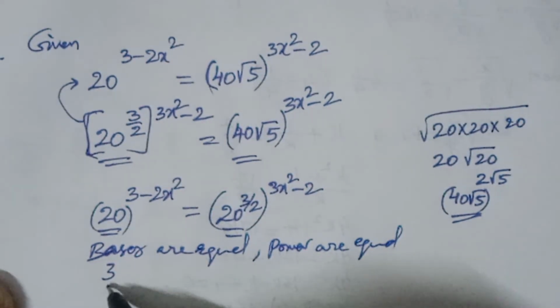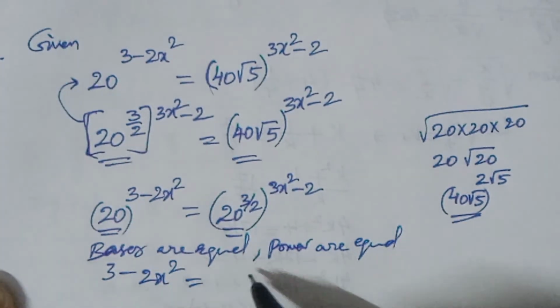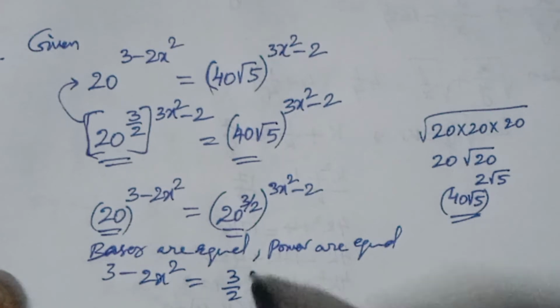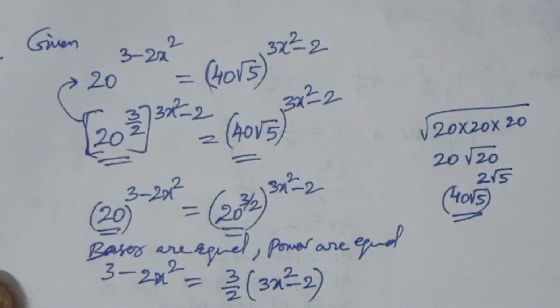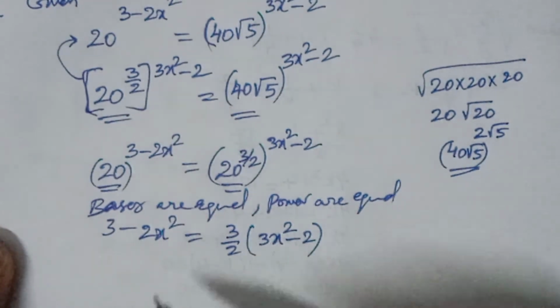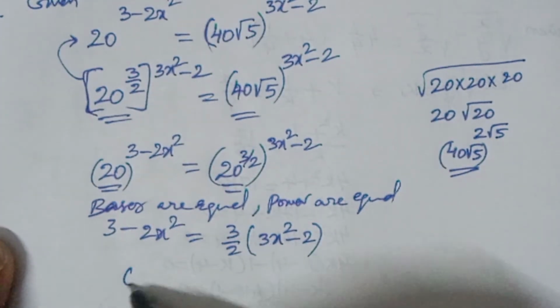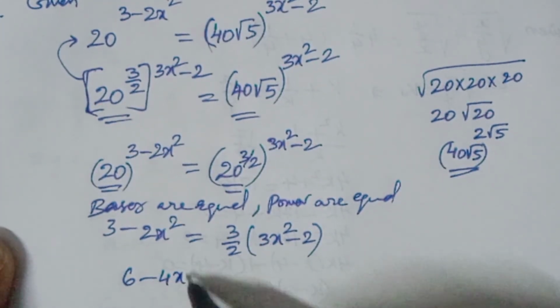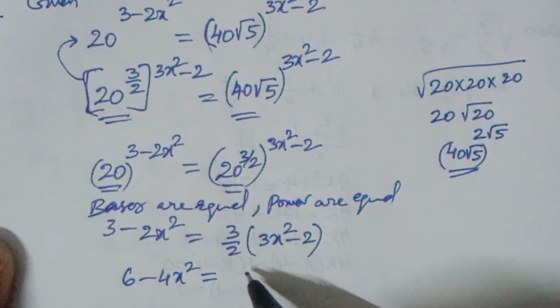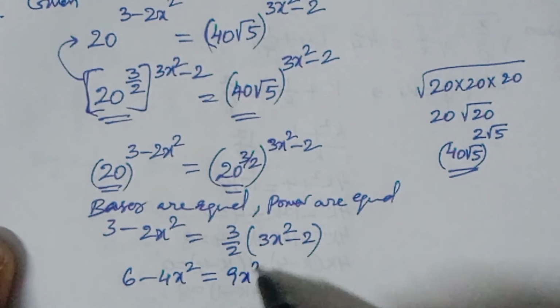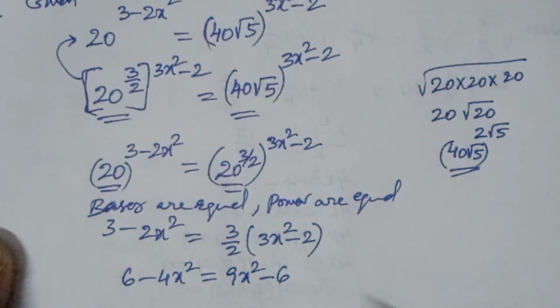So what will we get here? 3 minus 2x square is equal to 3 by 2 into (3x square minus 2). So if you take the 2 that side, 6 minus 4x square is equal to 9x square minus 6.